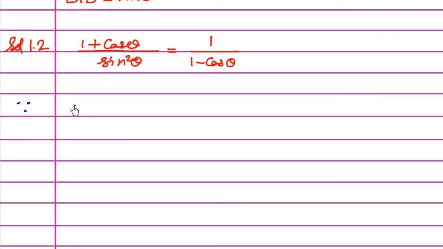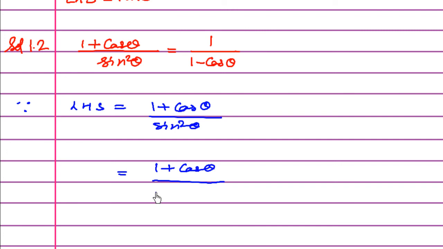Because LHS is equal to 1 plus cos theta over sin square theta. So 1 plus cos theta over 1 minus cos square theta. Why it is so?